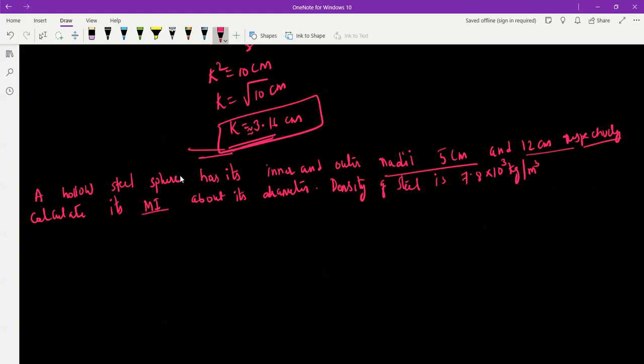Calculate its moment of inertia about its diameter. Density of steel is 7.8 into 10 to the power of 3 kg per meter cube.